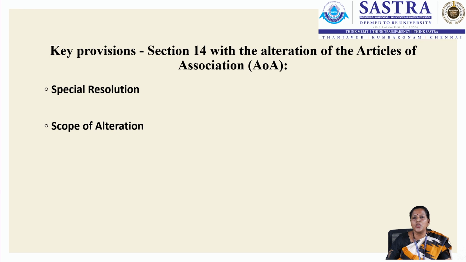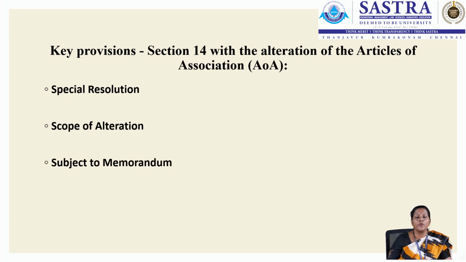Next is what kind of changes can be done. Not necessarily should it be as per the provisions that are mentioned in the Companies Act 2013. In the sense, anything that is legal can be changed as long as it does not affect the law that is in force in the country. So as long as any changes are legal, those changes can be made in the articles of association.